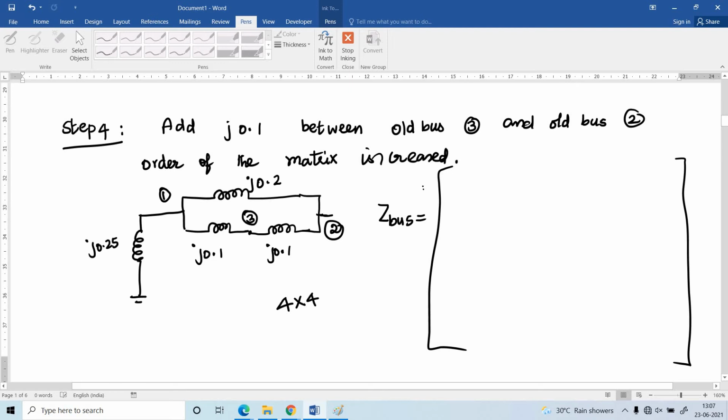First, I am going to write the old matrix, with 1, 2, 3 here, and last 4.